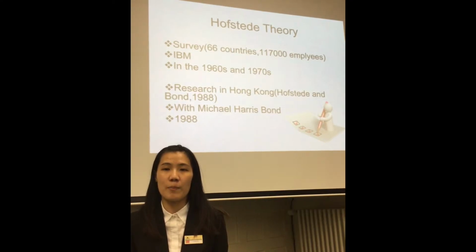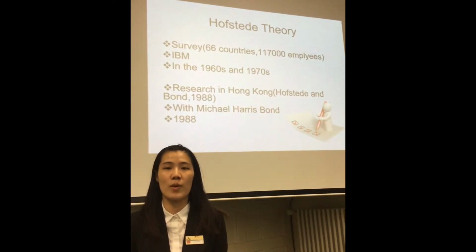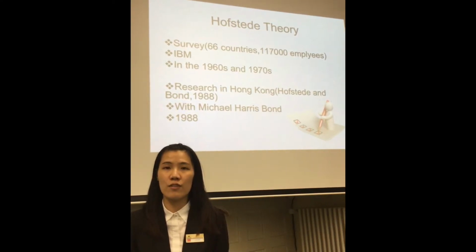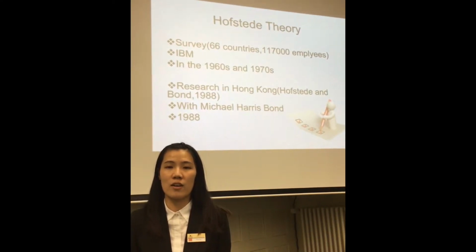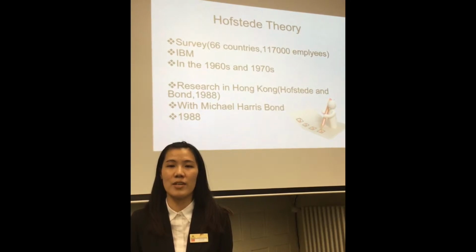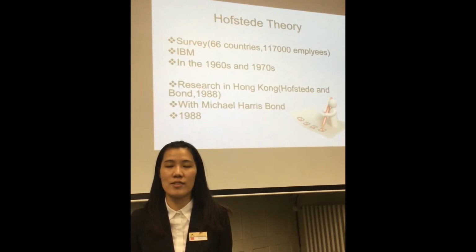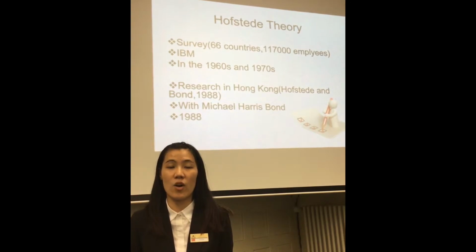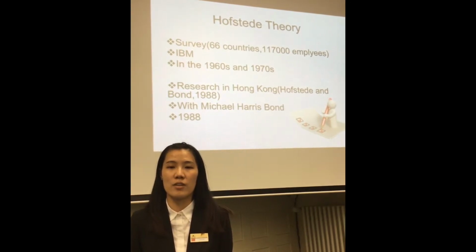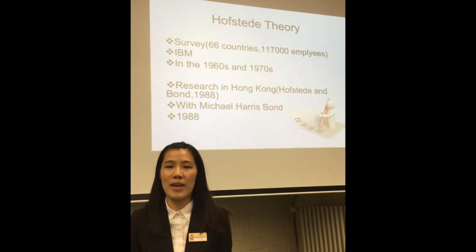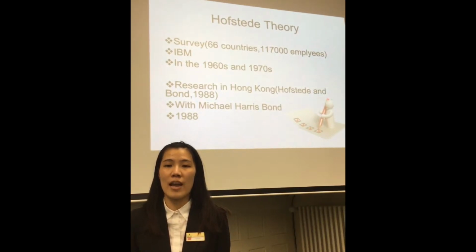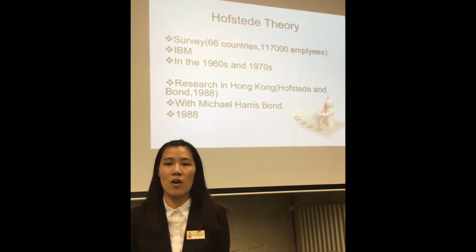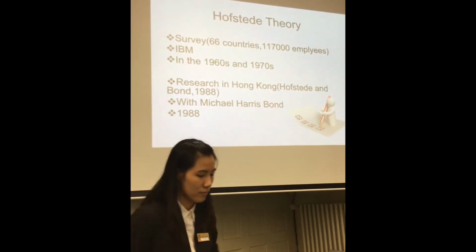The original theory proposed 4 dimensions along which cultural values could be analyzed: individualism and collectivism, uncertainty avoidance, power distance, and masculinity and femininity. Later, Hofstede and the Canadian psychologist Michael Bond conducted independent research in Hong Kong and added a 5th dimension, long-term orientation.